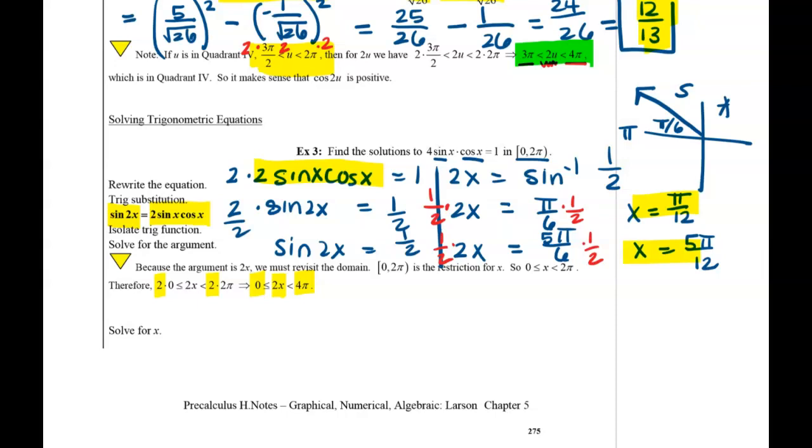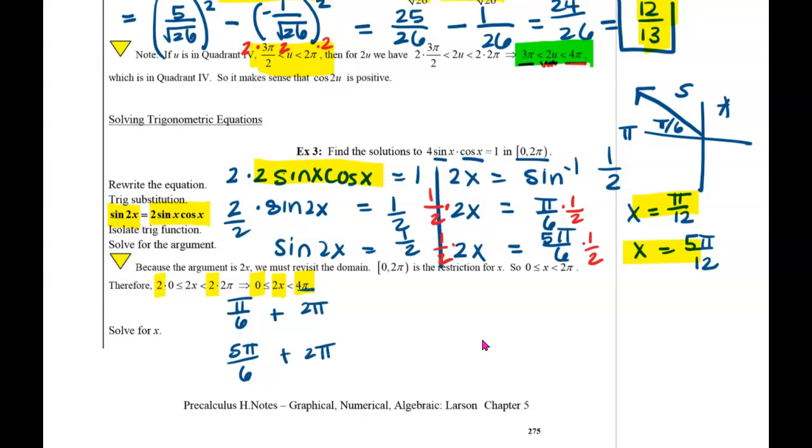So let's go ahead and look at that. Our original answers, pi over 6 and 5 pi over 6. I want to go another unit circle around for 4 pi. So we're going to add 2 pi to each of these.